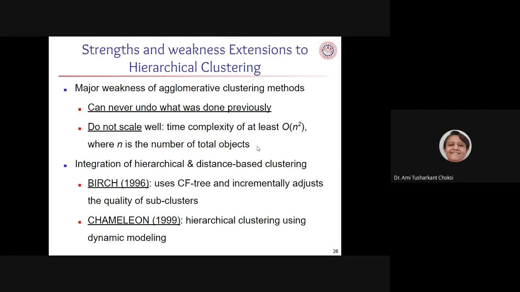Too much. For integration of hierarchical and distance-based clustering we can say BIRCH, which uses a CF tree and incrementally adjusts the quality of subclusters. Chameleon is hierarchical clustering using dynamic modeling.